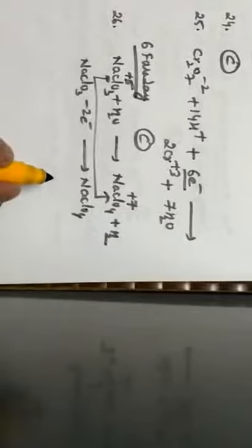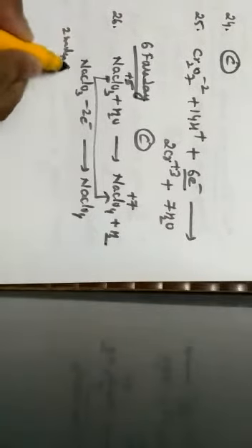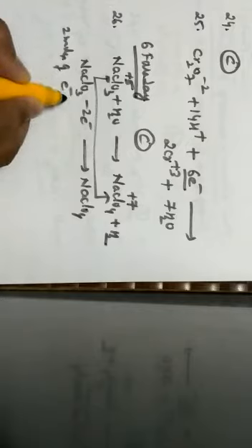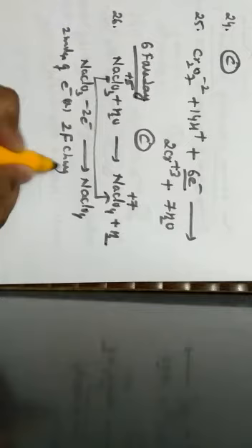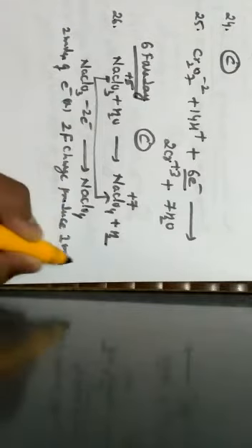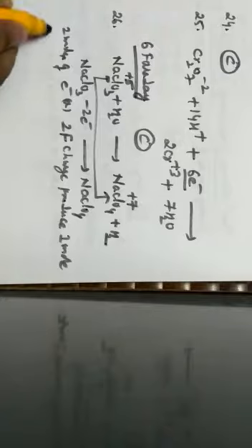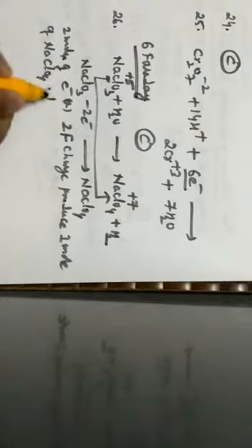By this chemical equation, it is clear that 2 moles of electrons, or I can call it 2 Faraday charge, can produce 1 mole of NaClO4.